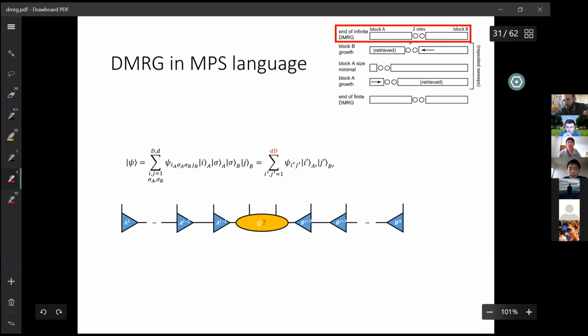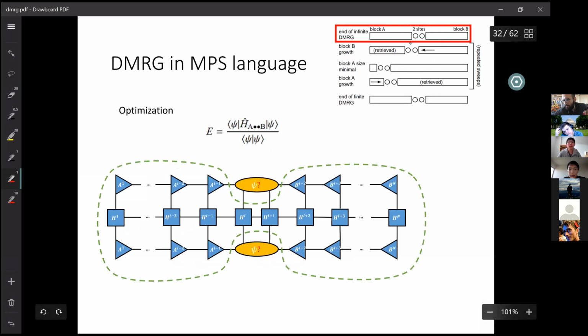We do this by minimizing the energy. So basically, we're dealing with this tensor network, which is the expectation value of the Hamiltonian. The middle layer is the Hamiltonian MPO, and this is the bra and the ket.